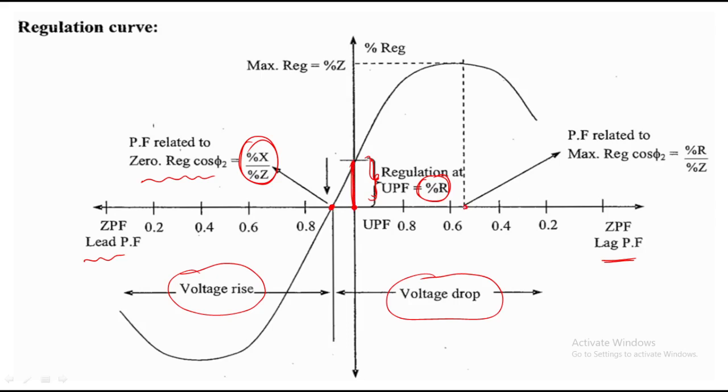And this is the point of maximum voltage regulation, with power factor R by Z, and its value is percentage Z. Approximately the power factor at zero voltage regulation is 0.92. So percentage X by percentage Z should be equal to 0.92. Okay, this is the regulation curve of a transformer.